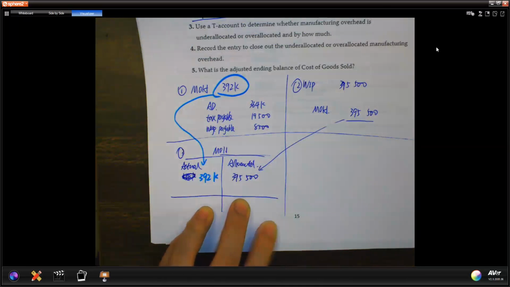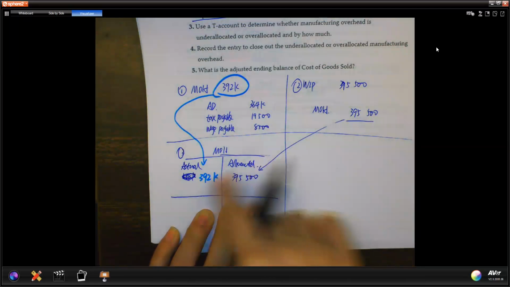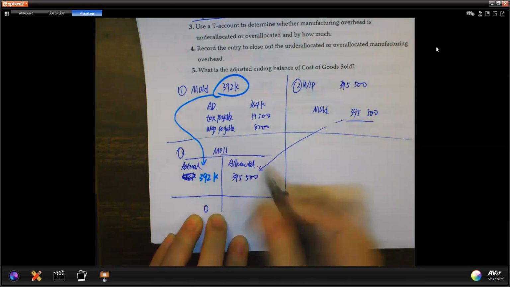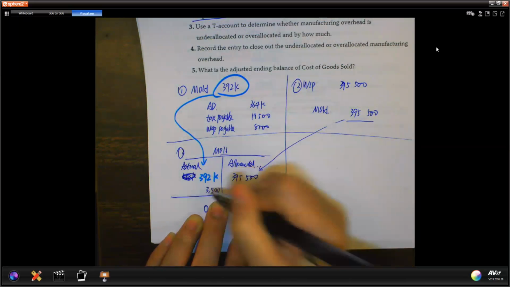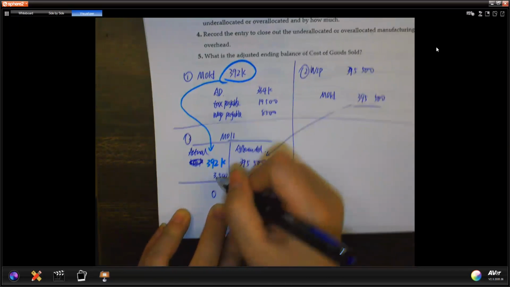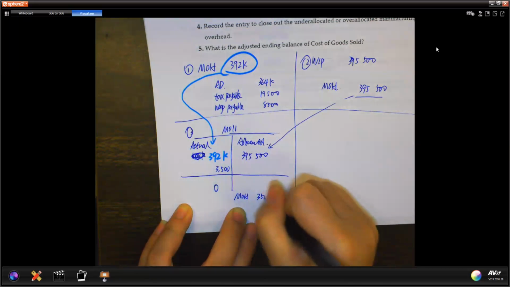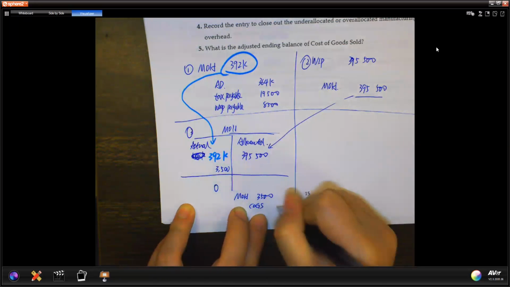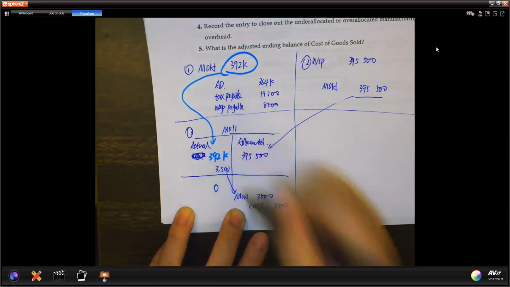You over allocated, right? So this allocation is more than actual. So you over allocate how much? You want this to be 0, so you have to put 3,500, right? So you have to debit manufacturing overhead 3,500. Your credit cost of goods sold 3,500. So this goes to there.